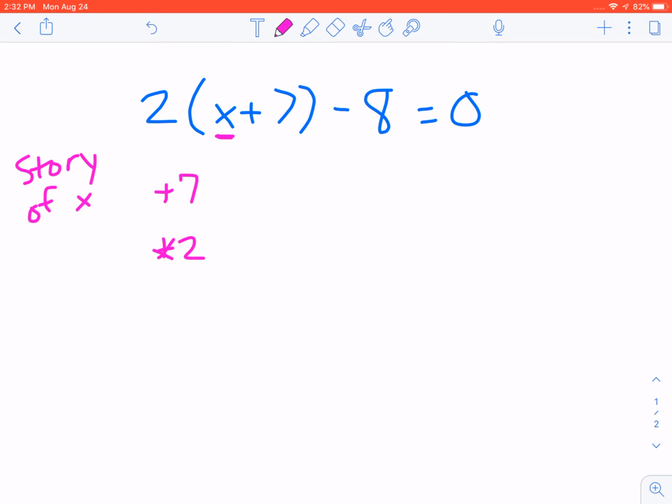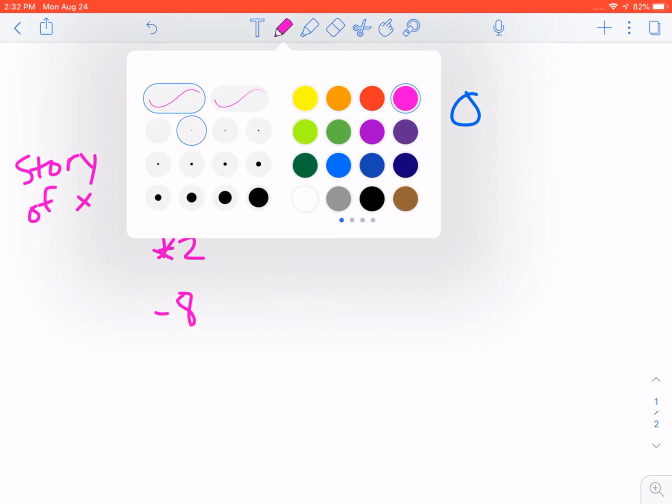And as we continue, the last operation that happens to x on the left side of the equation is that we subtract 8. I'm just recording these things because we can use this as a strategy on how to solve the equation.